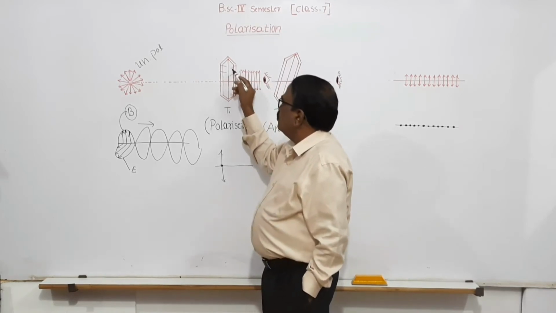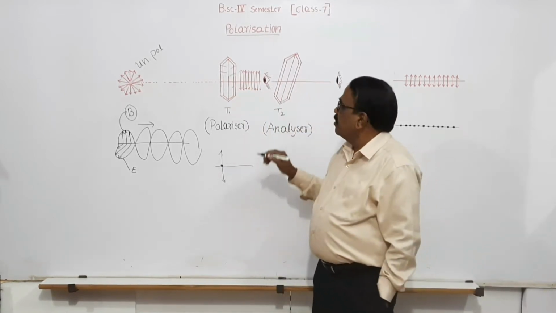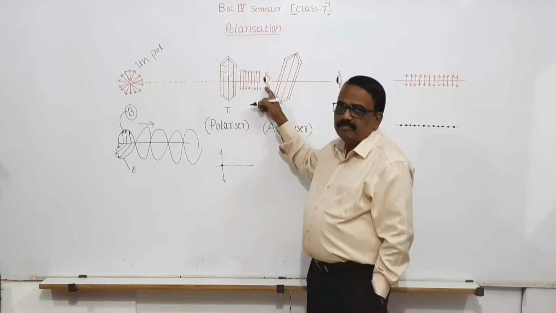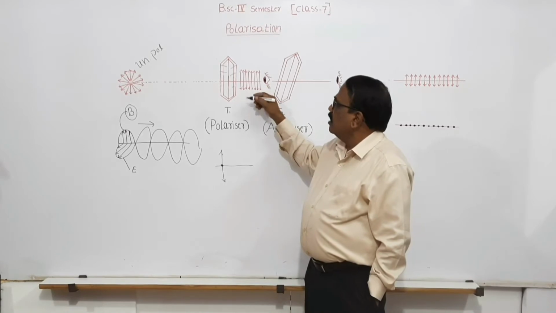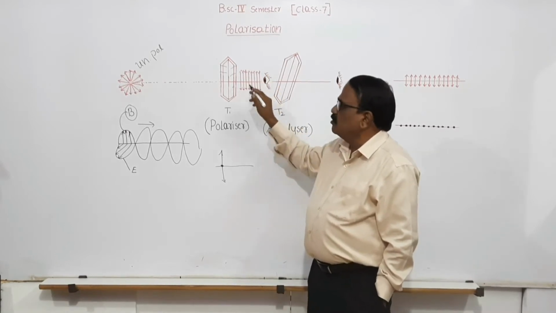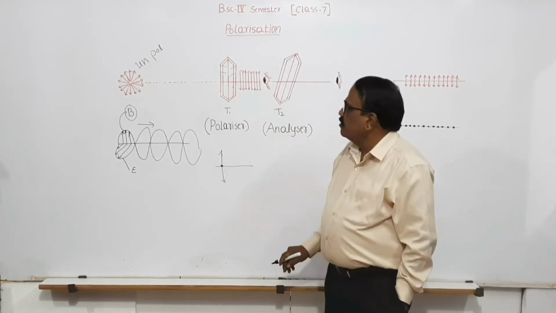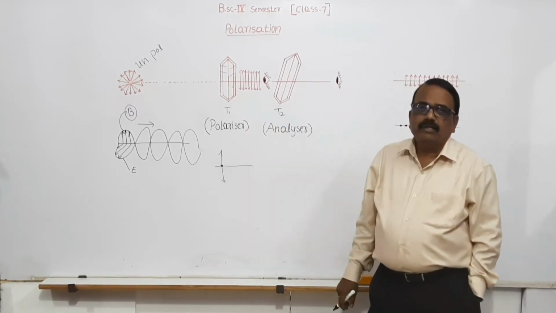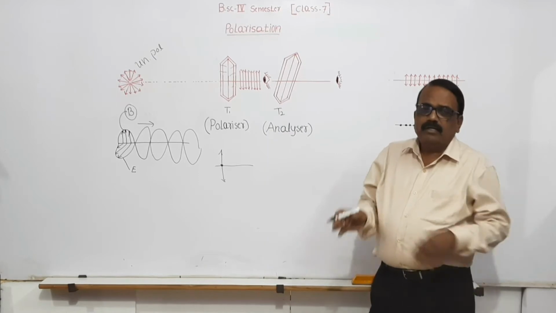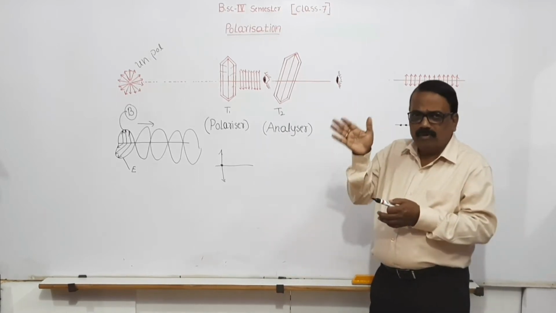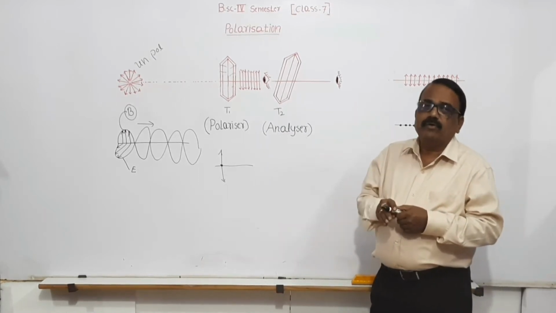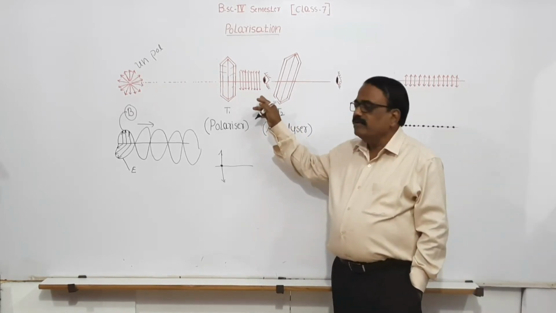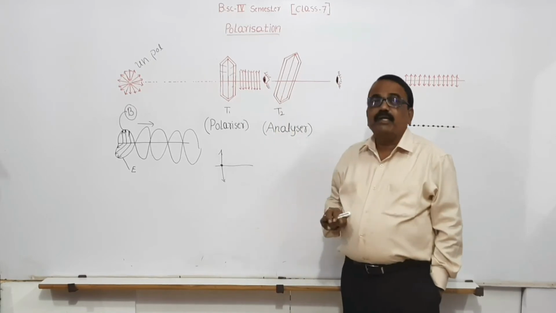Then only those vibrations which are parallel to this axis will pass. Then it has got vibrations in only one plane. So such light is called plane polarized light. If the light has got vibrations in only one plane, or confined to a single plane, this light is called plane polarized light.